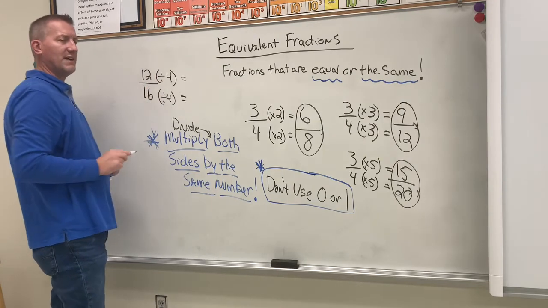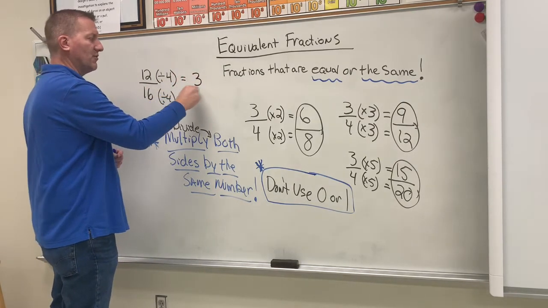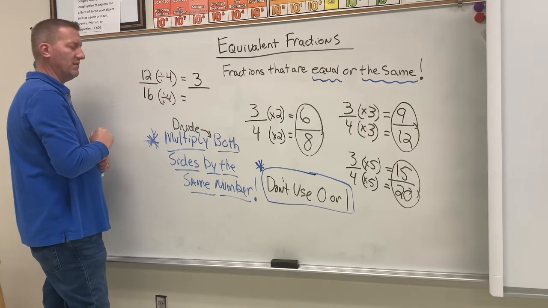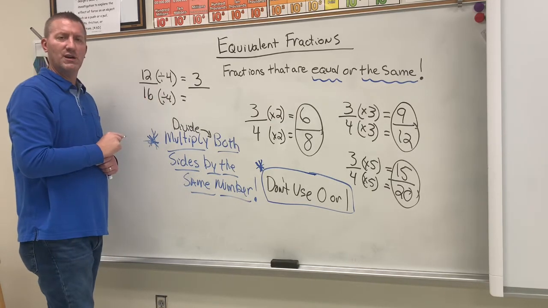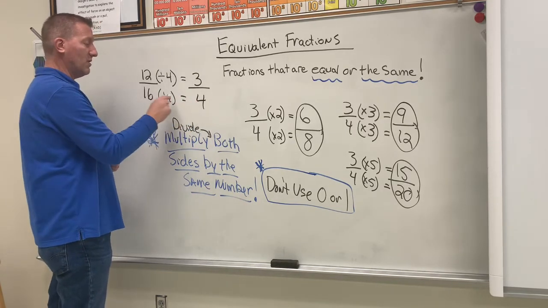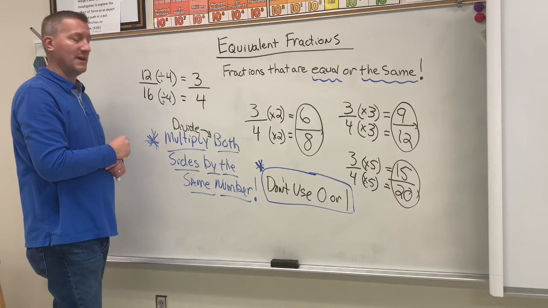So 12 divided by 4, okay, that goes in 3 times, because 4 times 3 is 12, and 16 divided by 4 is 4, isn't it? Because 4 times 4 is 16, okay?